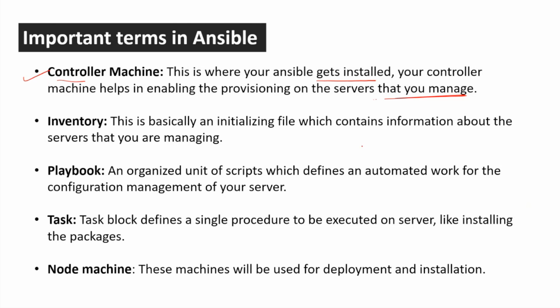Suppose we are managing 5 servers. All these 5 servers' information, like the IP address, the username, the password, some kind of permissions, everything would be set up here in the inventory file. So all this information, IP addresses, server information, will be stored under inventory.